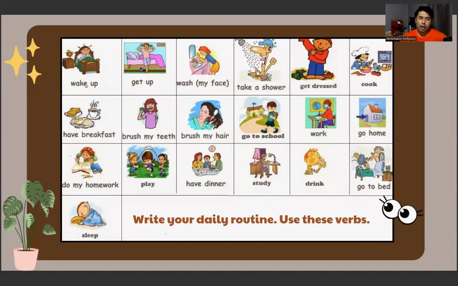For example, wake up, get up, wash my face or wash my head, take a shower, get dressed, cook, have breakfast, lunch or dinner, brush my teeth, brush my hair, go to school, go to university, go to work, go home, do my homework, play with friends, have dinner with family, study in the cafe or in the room, drink water, drink some juice, and go to bed to sleep.